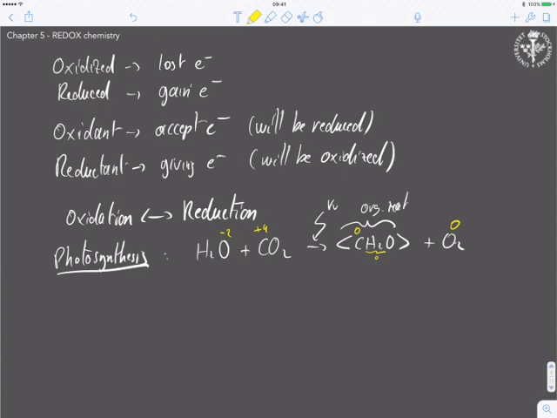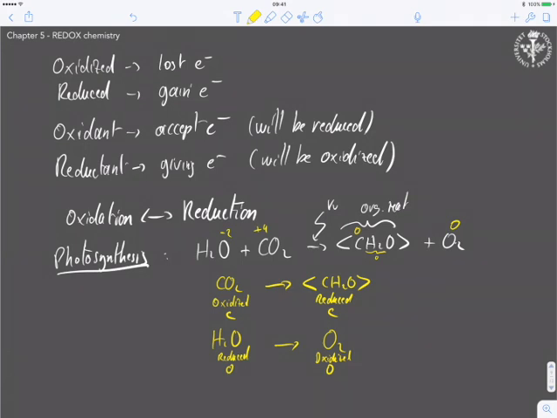So in our case, CO2 is an oxidized form of carbon that will be reduced into organic carbon, which is a reduced form of carbon. And H2O is a reduced form of oxygen that will give you O2, an oxidized oxygen.